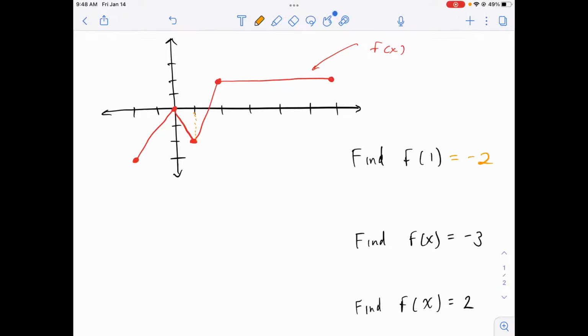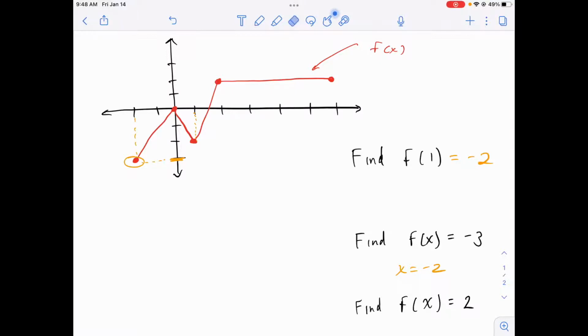Well, the only point with a y value of negative 3 is right there. So they're literally asking, what's the x value of that point, where the x value would be negative 2.